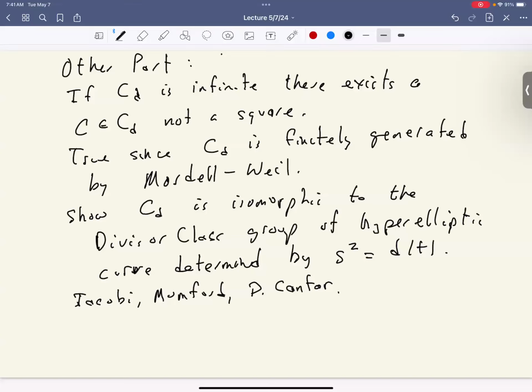Okay, so if you believe this and you apply Mordell-Weil, then you have this property that you have non-squares if it's infinite, and then you can play around with this. So the final ingredient: you need to make primes that are in this non-square class, and the way you do that is you apply the Hilbert irreducibility.